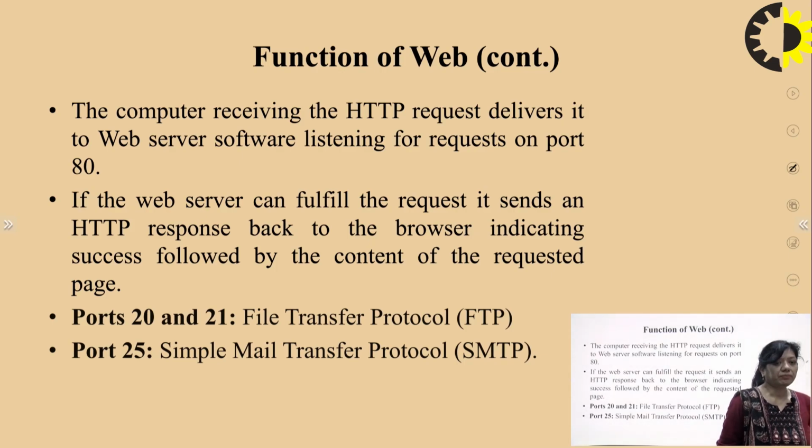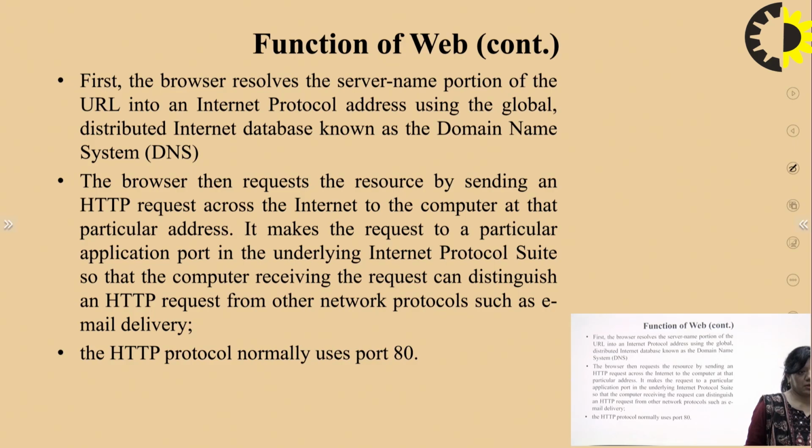Ports 20 and 21 are basically used for the file transfer protocol, that is FTP, port 25 is used for the simple mail transfer protocol, that is SMTP, and port 80 is used for HTTP.